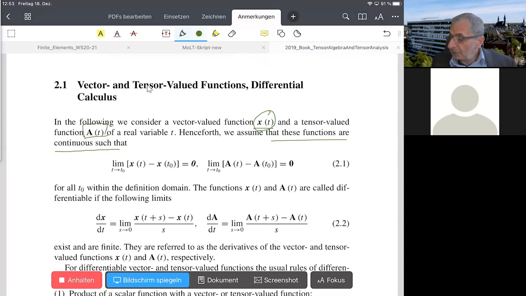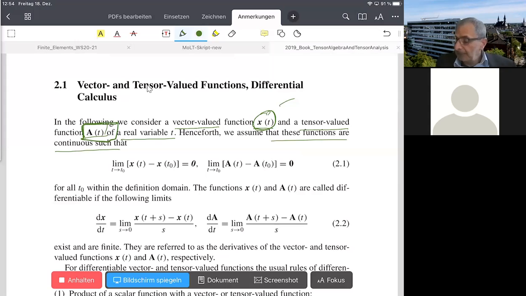Such a function is called a vector valued function, or tensor valued, which means that the value of this function is a vector in the first case, and for this function the value is a tensor. But they are functions of a real variable t, which can be, for example, time.